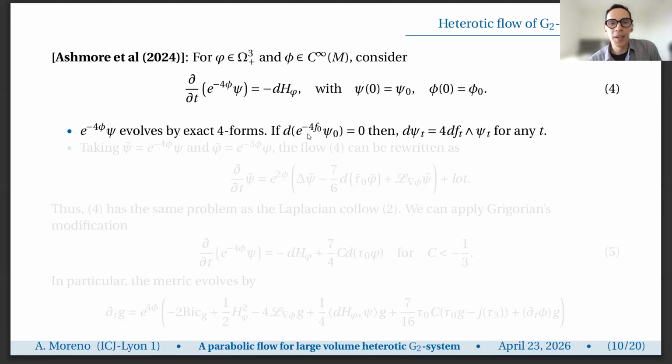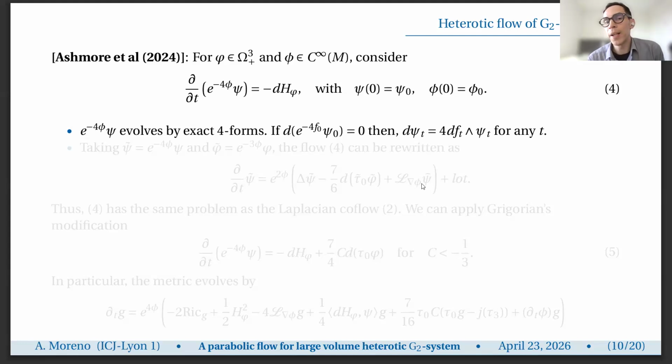If you start with the closed condition, because you are evolving e to the minus 4 phi psi by an exact 4-form, the closed condition is going to remain along the flow, which means that the flow lines are going to be integrable G2 structures, and in particular, tau 1 is going to be exact.